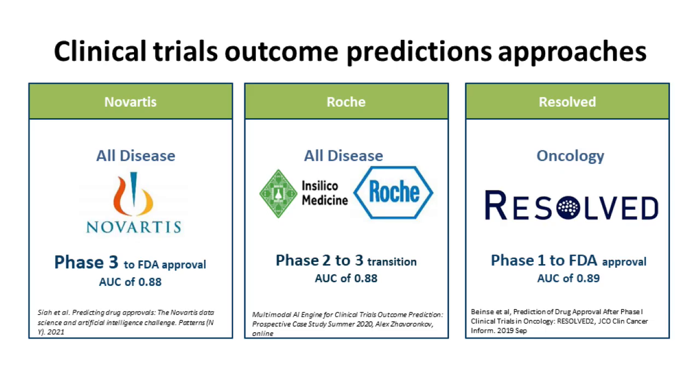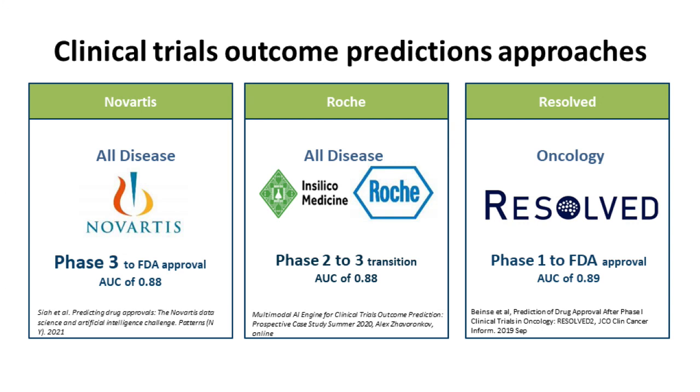So how could AI and machine learning models increase approval prediction to select the best drugs to start clinical trials? I want to show you three examples that have been published. Different pharmas are invested in these applications. The first one is from Novartis, and I think it was in collaboration with MIT. The aim was to predict approval from the results of the phase 3 clinical trial.